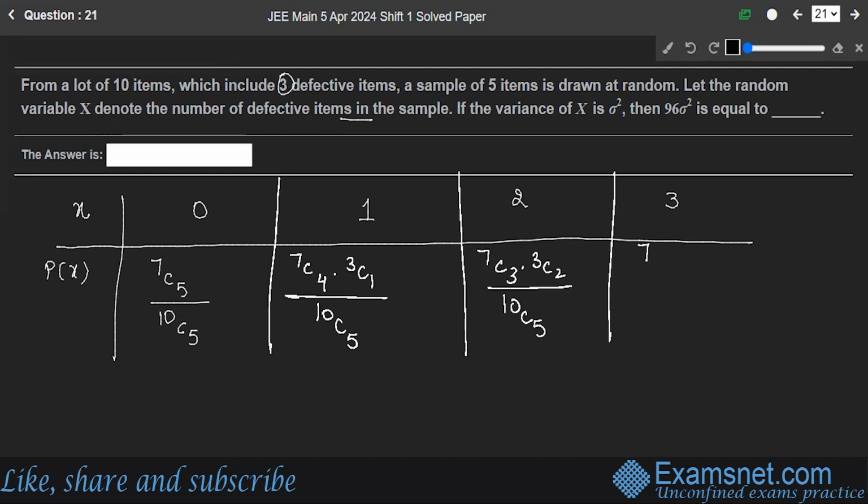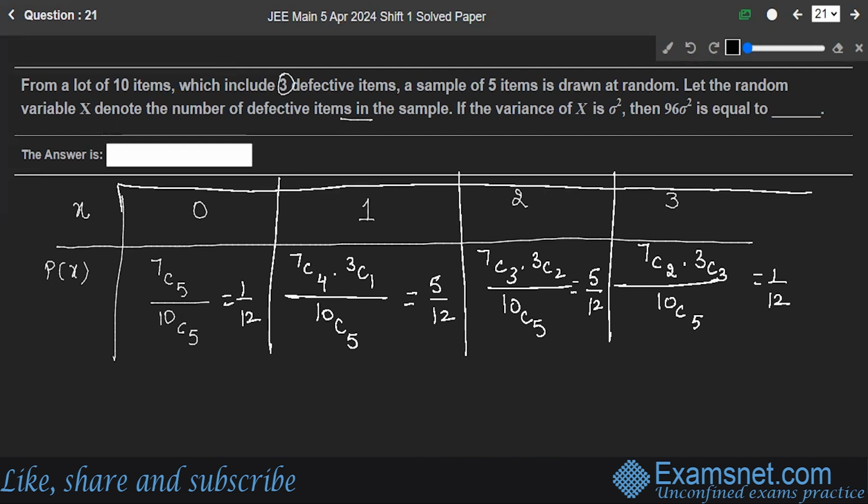And this will be given by 7C2, 3C3, 10C5. I hope you can do the calculations now. 7C5 upon 10C5, on solving, this will give you 1 upon 12. On solving, this will give you 5 upon 12. And on solving, this will give you 5 upon 12 and 1 upon 12.